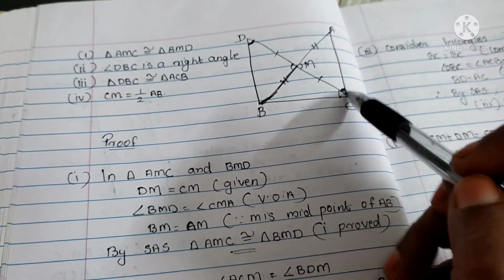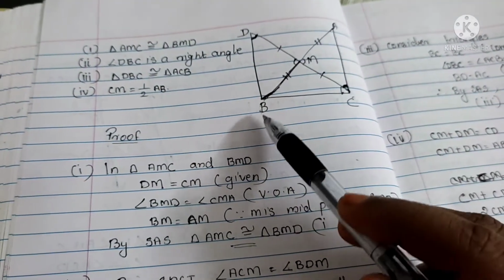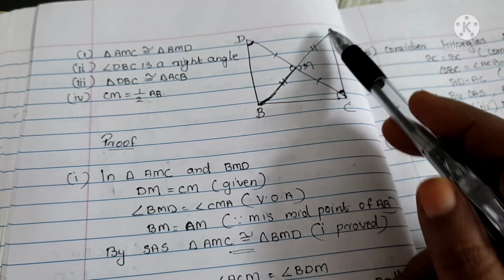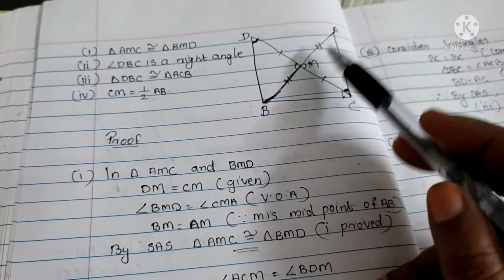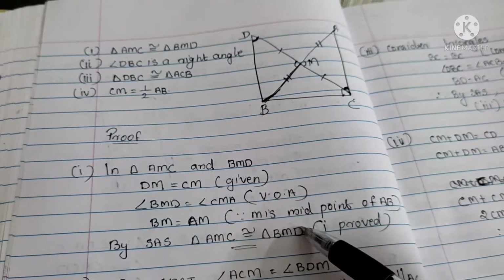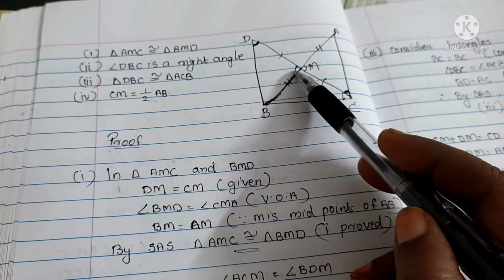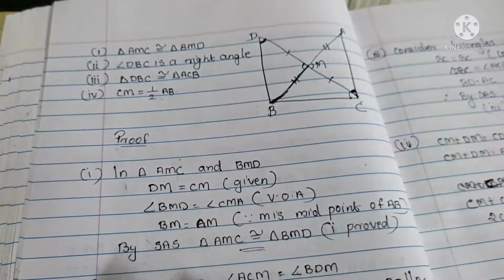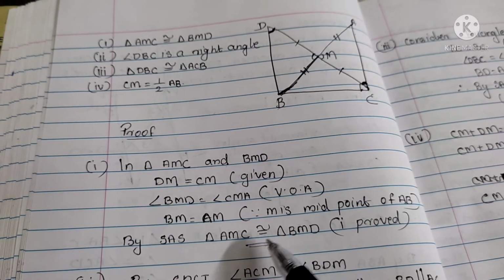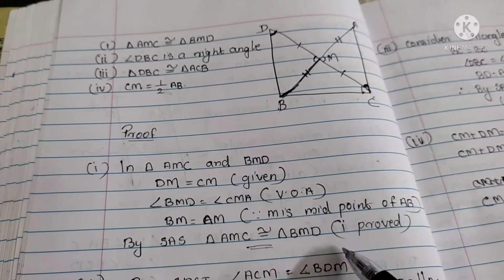M is the midpoint of hypotenuse AB, so BM is equal to AM. Then these two sides and the included angle are equal. By the SAS congruency rule, triangle AMC is congruent to triangle BMD. So, one is proved.